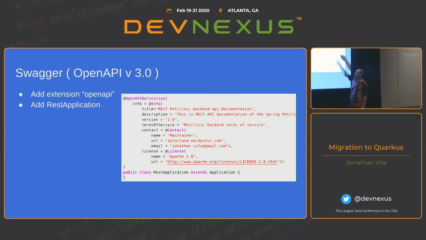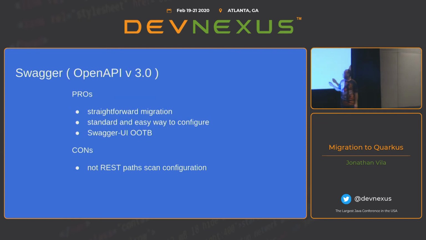Okay, and you will add all this information. We will have Swagger UI by default in test mode, and if we want to have it in production, it's only a matter of modifying a property. It's easy to do, as you have seen, very easy.